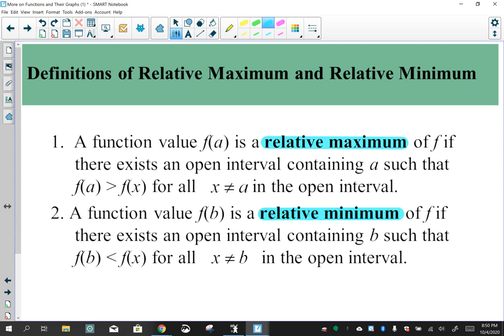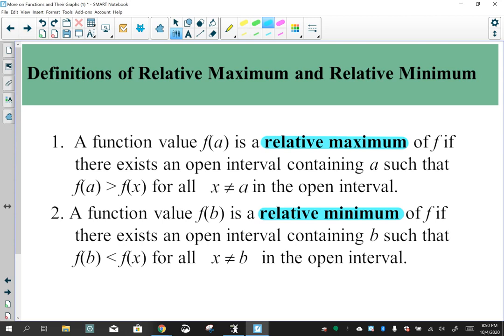Now, you'll hear these words relative min, relative max. What this basically means is that you could have more than one min and max. Each turn point will either be a minimum or a maximum. They will all be relatives except for one, possibly.